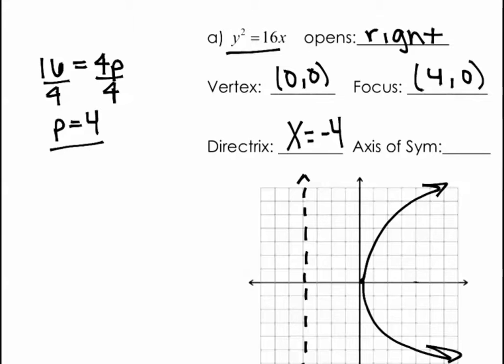Now, axis of symmetry, we had this when we were doing chapter 1. Axis of symmetry is going to be a line that goes straight through the vertex, and it's always going to be perpendicular to that directrix. So my axis of symmetry is a horizontal line, y equals 0. And that concludes our graphing a horizontal parabola.